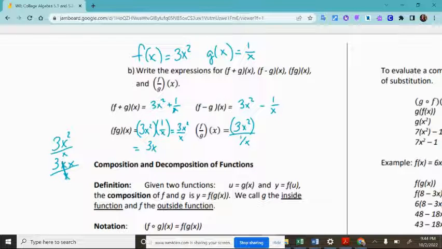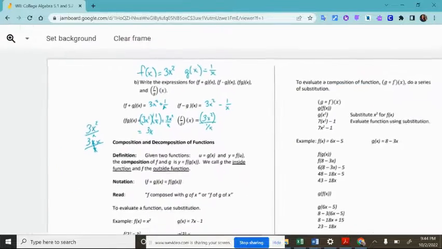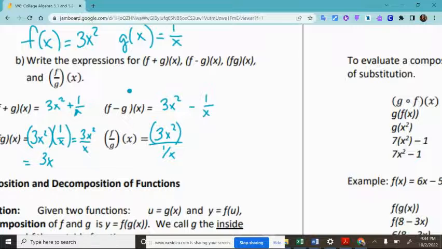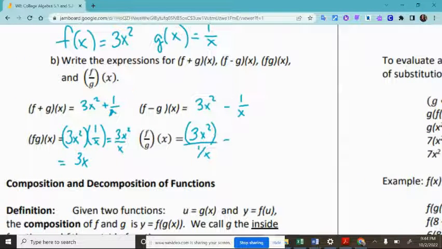Now, this is when people start freaking out. We have fraction over fraction. And to clean this up a little bit, we're going to have to remember how you divide fractions. You take the first one and you leave it. You flip the one that you're dividing by and then multiply. Flip it and multiply it.